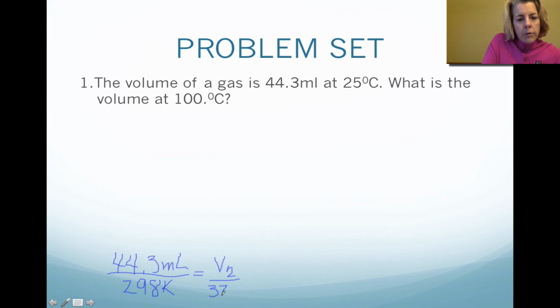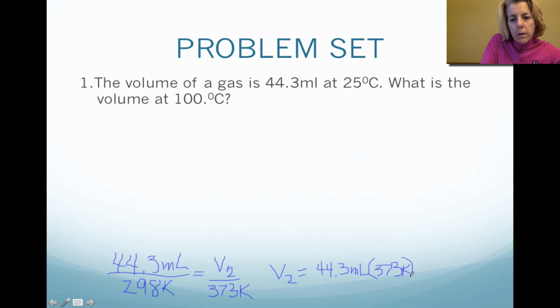And I'm going to add 100 to 273 to give me 373. I'm going to rewrite this with V2 by itself on the side. And notice it's 44.3 milliliters multiplied by 373 because I cross multiplied, divided by the 298. And when I solve for that, I got 55.4 milliliters.